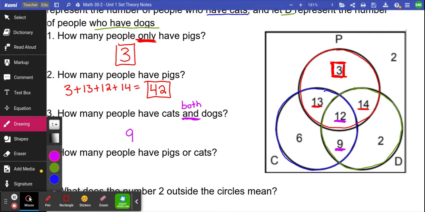This question never asked anything about pigs. It just asked, do you have both cats and dogs? Those 12 people do. So you would have to add them to the other 9 people that also have cats and dogs, for a total of 21 people that have cats and dogs.